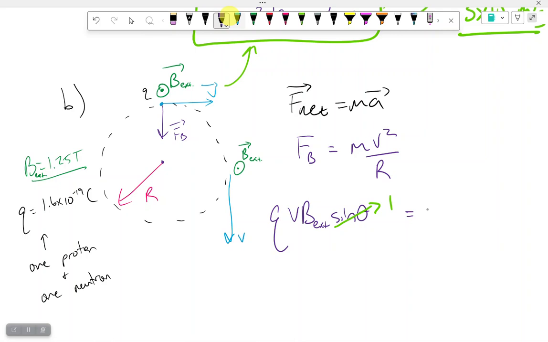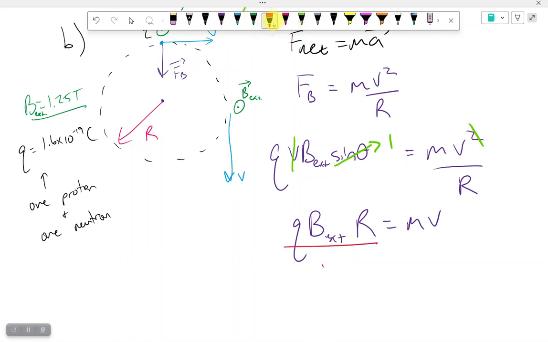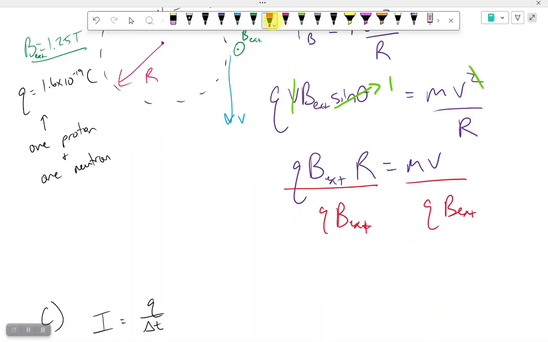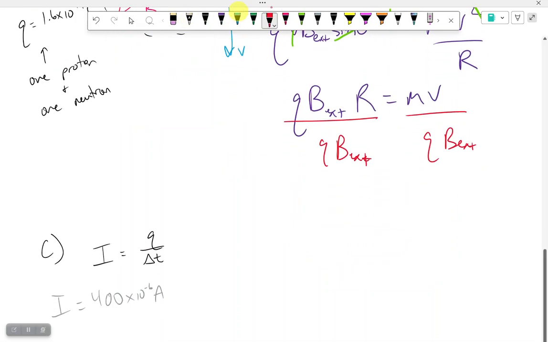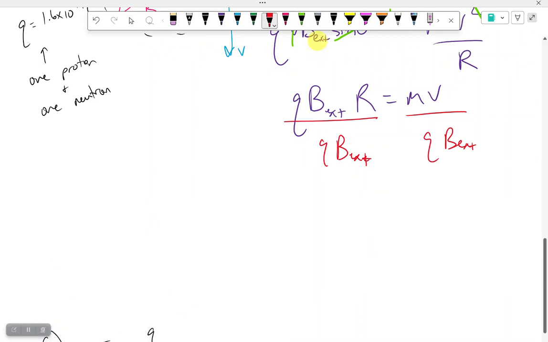So then this becomes equals mv squared over r, and I can see this velocity is going to cancel with that velocity. I can multiply both sides by r. That's going to give me q times the external magnetic field times r equals mv. I can then divide both sides by q B external.